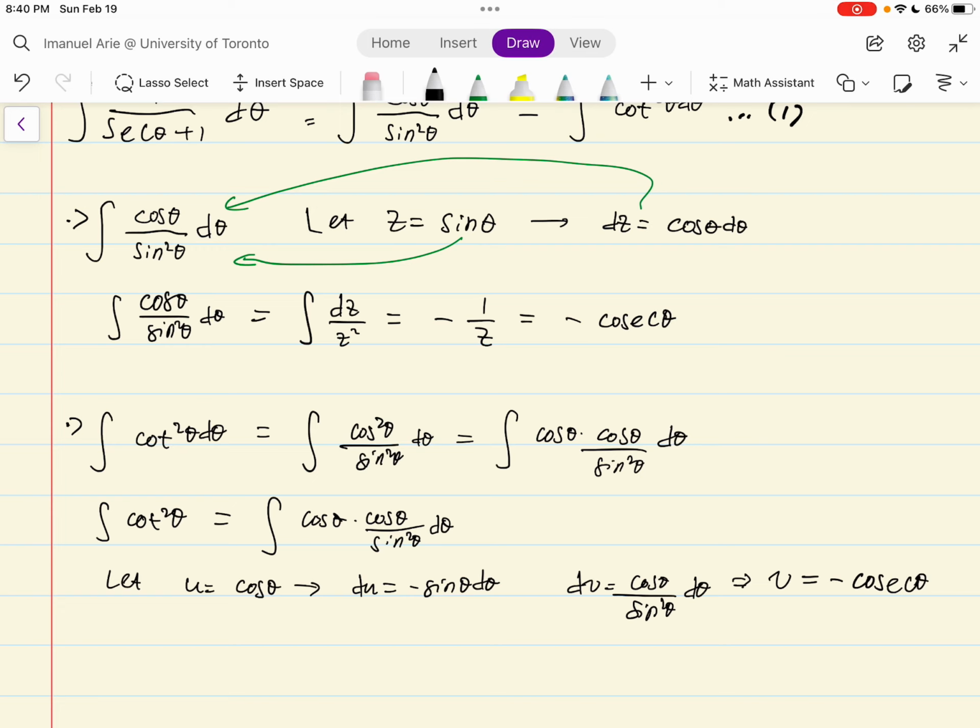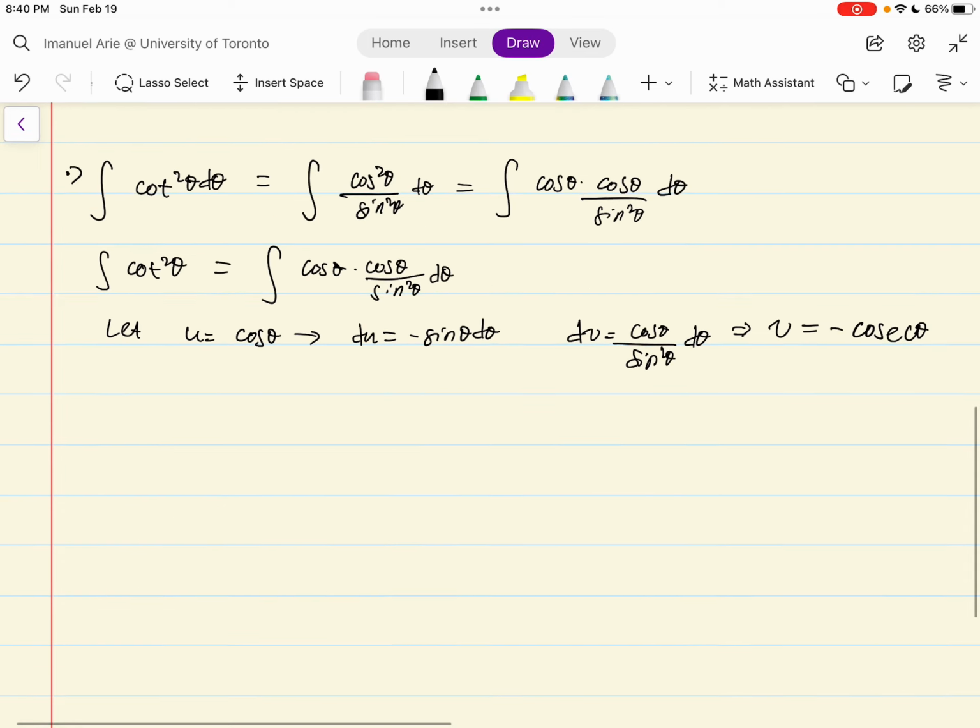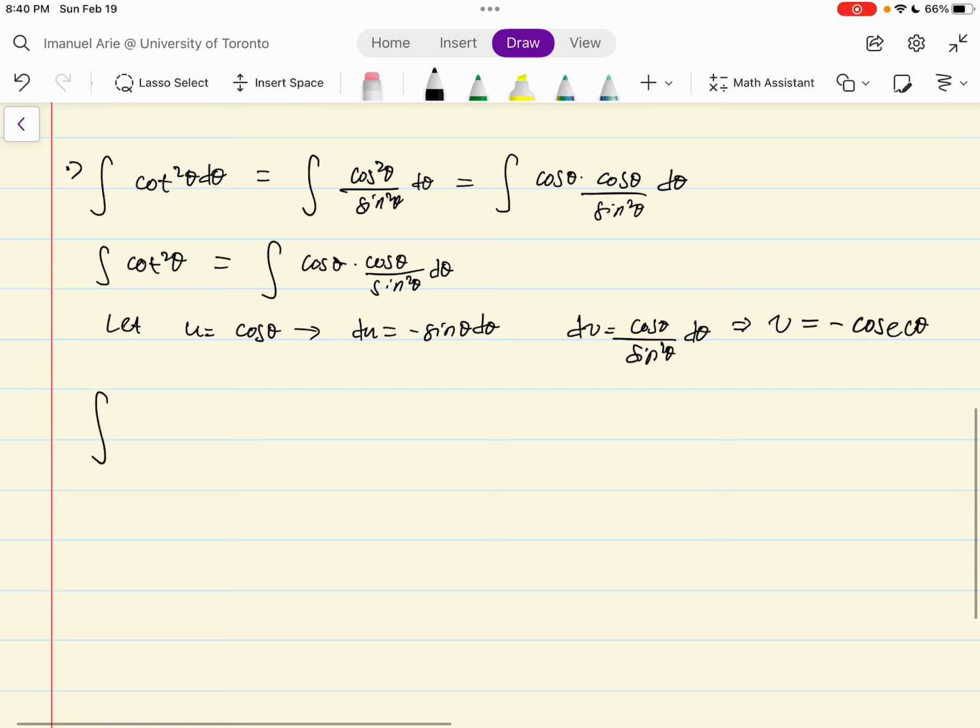Okay, so the integration by parts formula is the integral of u dv equals uv minus the integral of v du, which is cosine theta times the negative cosecant theta.